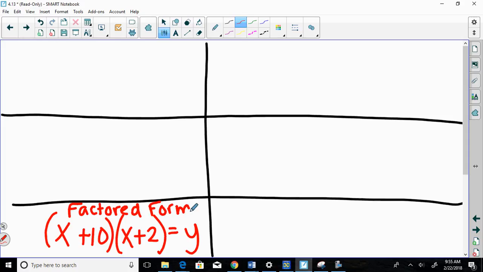In factored form, when would it be best to have something already in factored form? Like if you're asked to find the x-intercept. Beautiful. What's another word for x-intercepts? Roots, solutions, and one more, zeros.